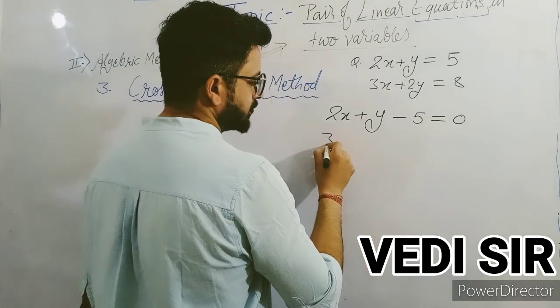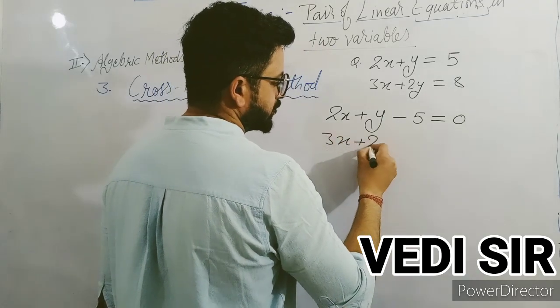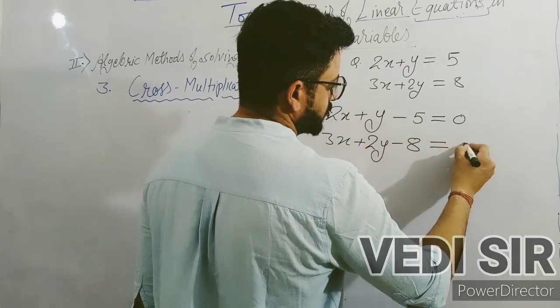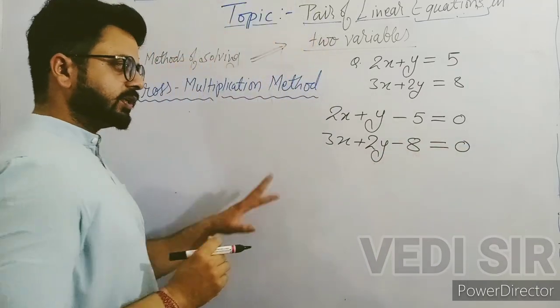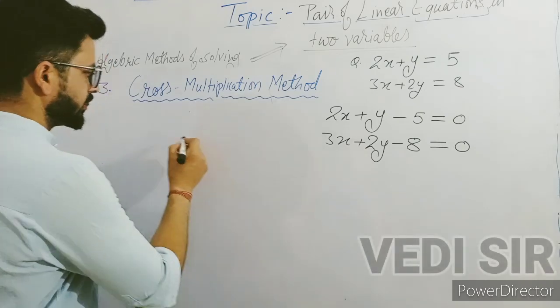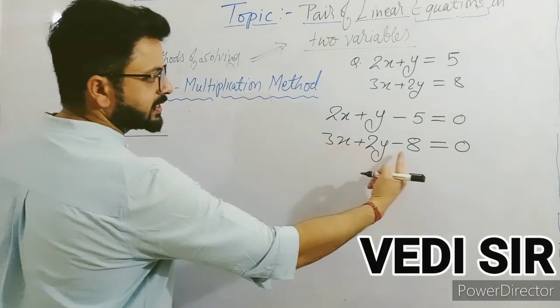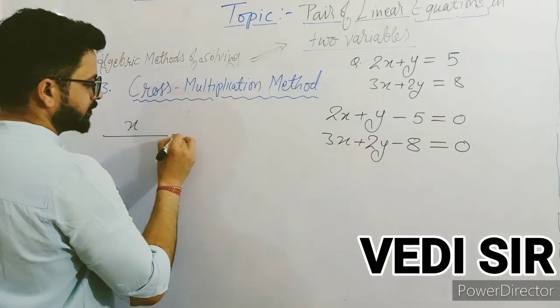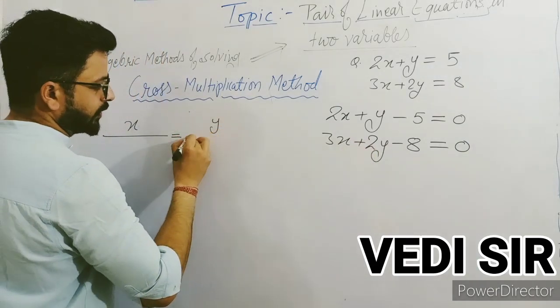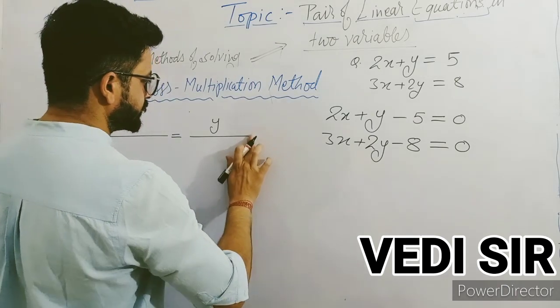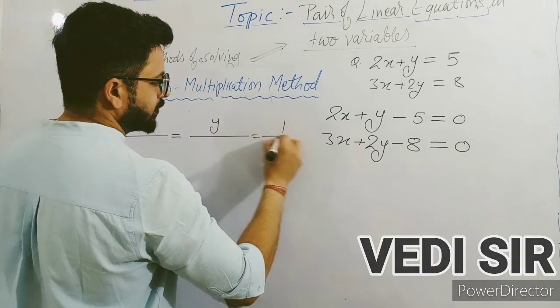Second, 3x plus 2y minus 8 is equal to 0. Afterwards, directly we will start from here. x upon, because the variables are x and y, is equal to y upon, is equal to 1 upon.